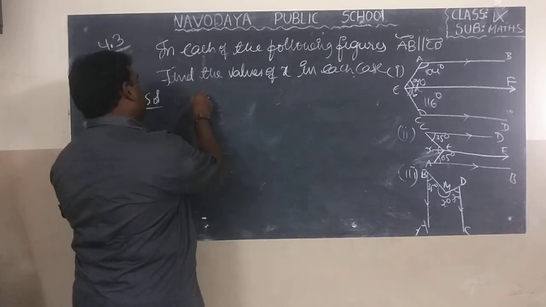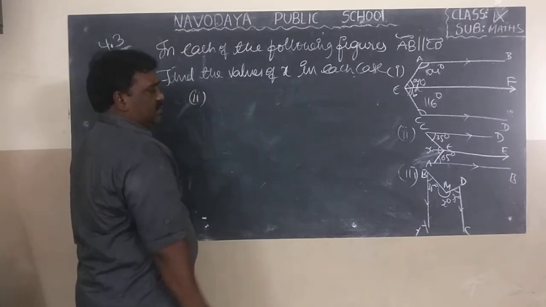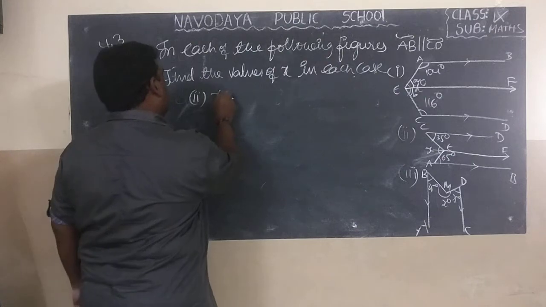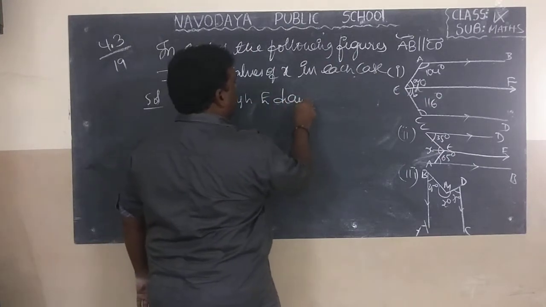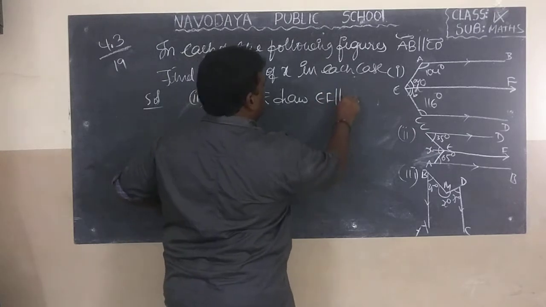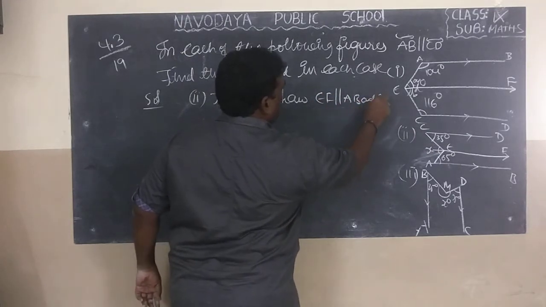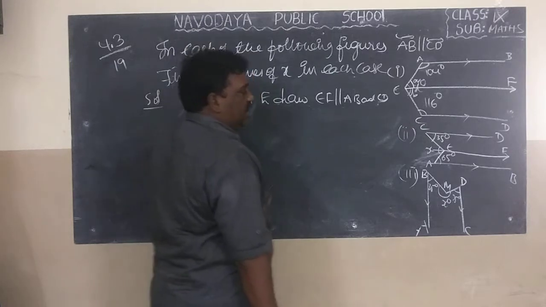Through E, draw EF parallel to AB and CD.